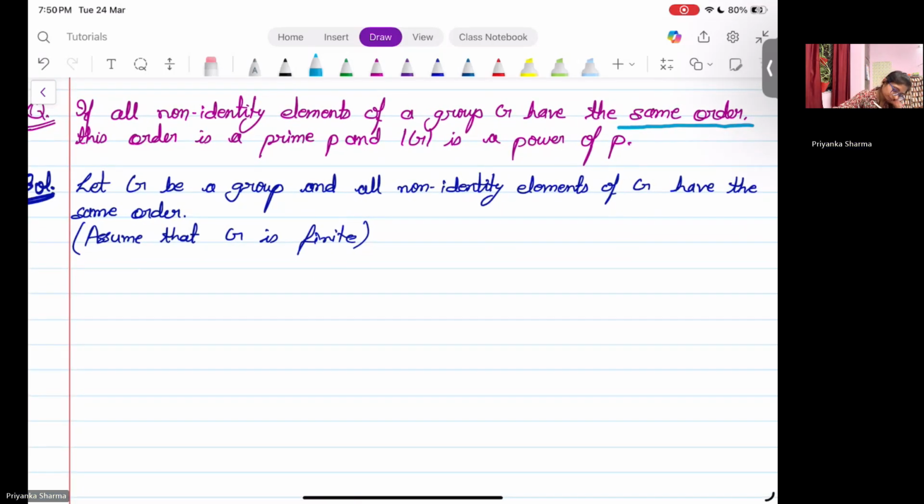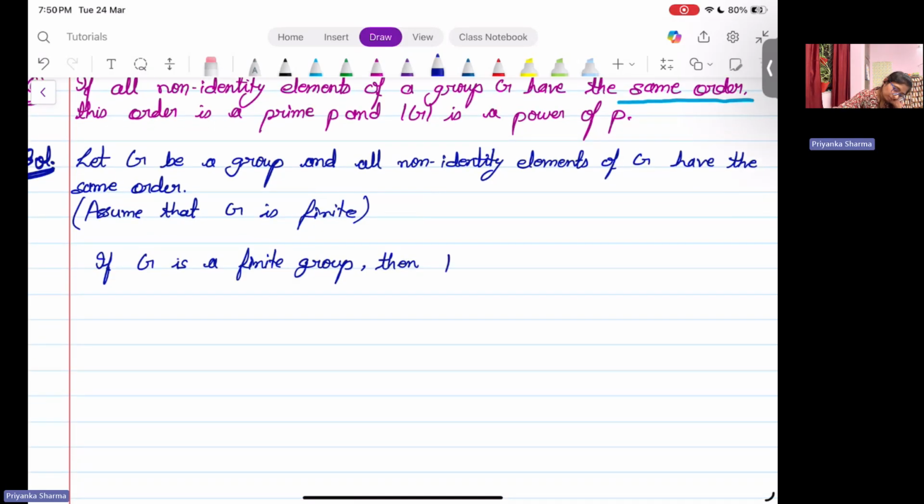Now, if G is a finite group, that is, if the order of G is finite, then order of G will be something like P1 to the power R1, P2 to the power R2, up to Pk to the power Rk, by prime factorization of the order of G, or by the fundamental theorem of arithmetic.